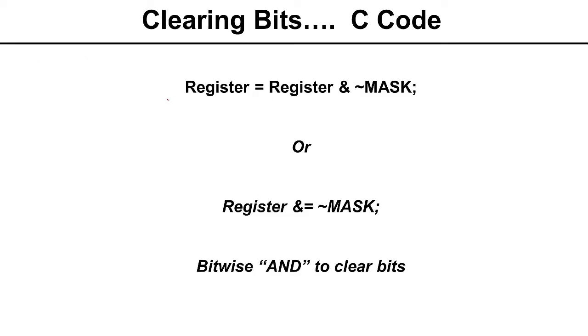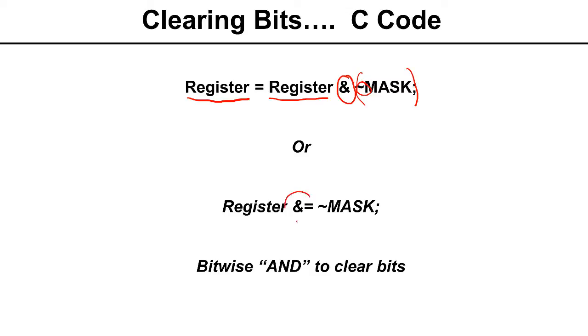All right. So if we look at the C code, it's actually pretty simple. Just like the setting of the bits, we just do a register equals register. Ampersand is the bitwise AND and the tilde is the inverse. So we take the inverse of the mask and AND it with the current value to get our new value.